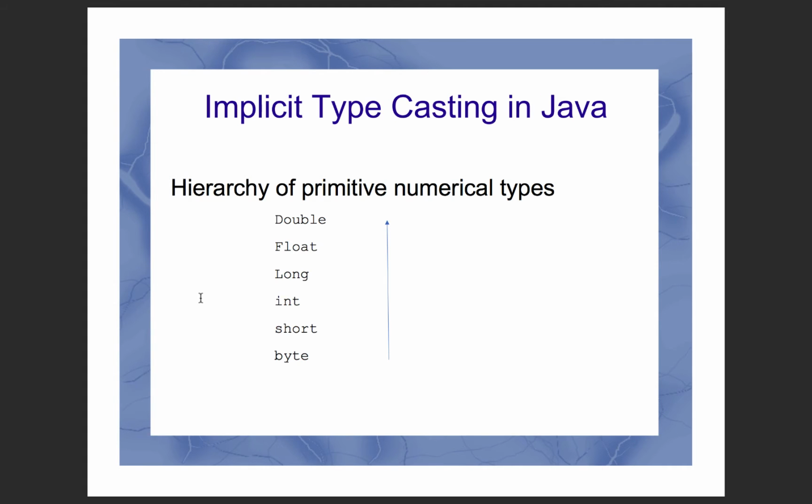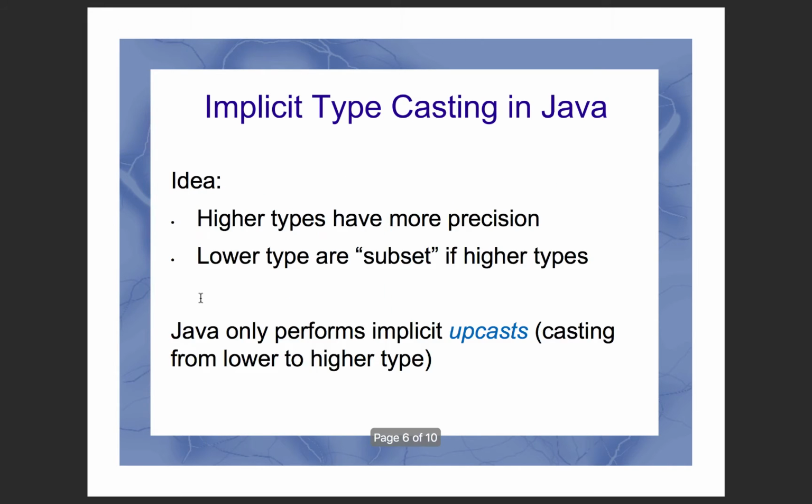Double has more precision than float, float has more precision than long, and long has more precision than int, and so on. So double has a larger size than the other types of information. So this is the hierarchy of primitive numerical data.